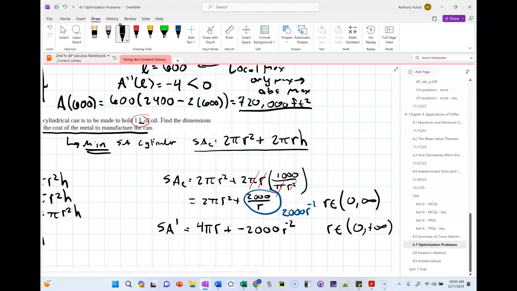Because if the volume is fixed at 1,000, R can be massively huge, and then H can be itty bitty little, and it'll still come out to be 1 liter. Why couldn't we have done that with the other problem? Because the perimeter was fixed. We had only so much material to make the perimeter.